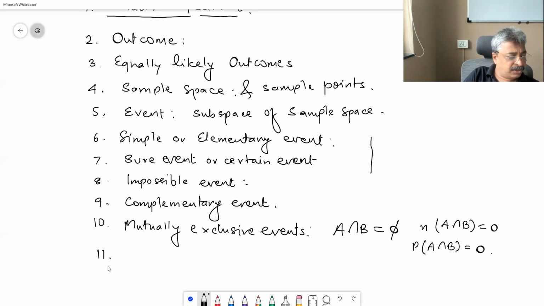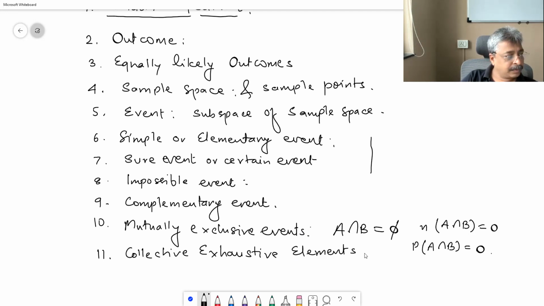And the 11th definition is collectively exhaustive elements. If A and B are two events in the sample space, then A union B is the sample space. So A and B put together exhaust the sample space collectively.